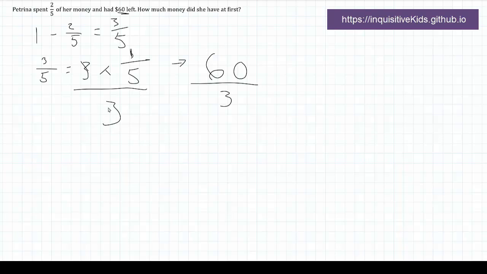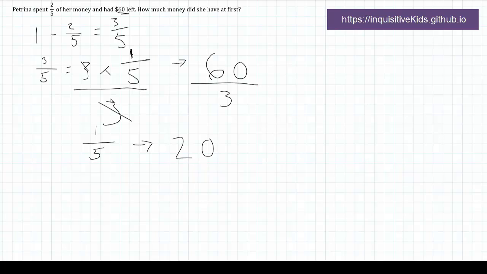And the 3 on the left side cancels out. And now we're left with 1/5 is right now in this problem equal to $20. Now we can easily figure out what the 2/5 of our money is.